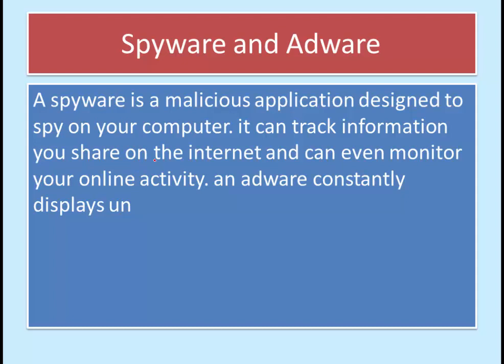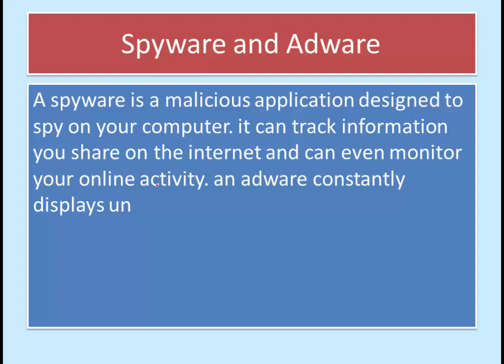Whatever data you are storing and whatever entry you are making, it will keep on monitoring it, and later on it may steal this data from your computer. So it's like a spy, monitoring what you are doing on the computer and can steal your data.